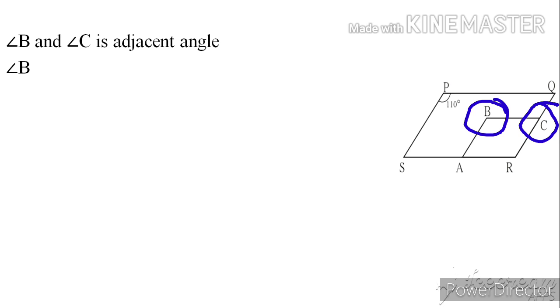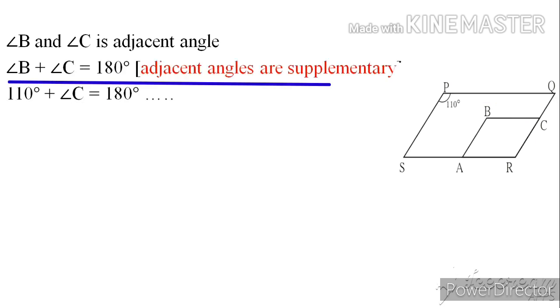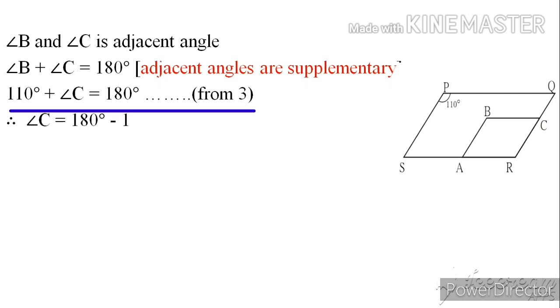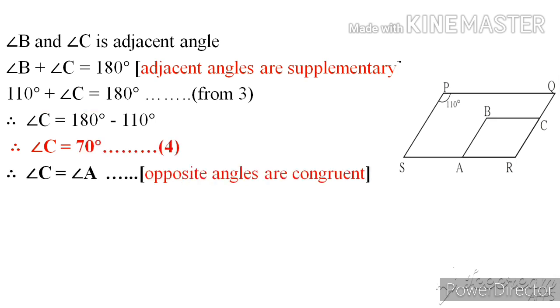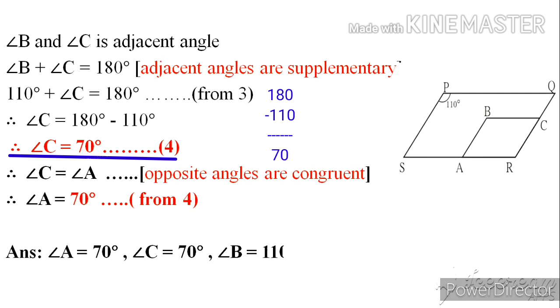Angle B plus angle C equals 180 degrees, as adjacent angles are supplementary. Substituting angle B, 110 degrees plus angle C equals 180 degrees. Now, angle C equals 180 degrees minus 110 degrees. Here we get angle C equals 70 degrees. Call this equation number 4.